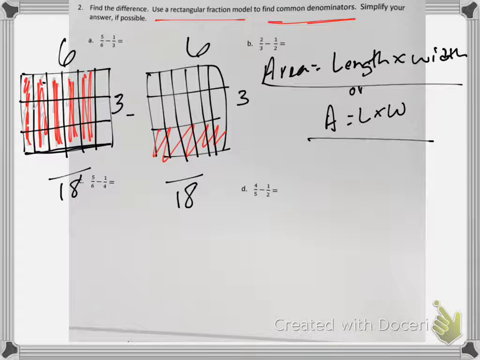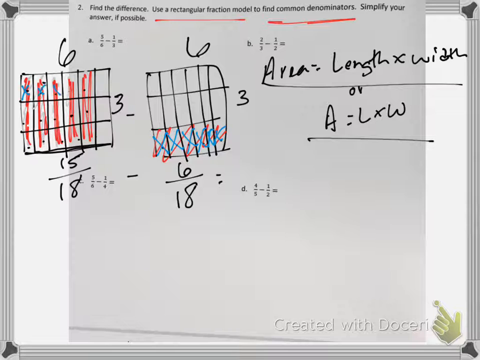All right. So now we need to figure out how much we have shaded. We have 1, 2, 3, 4, 5, 6, 7, 8, 9, 10, 11, 12, 13, 14, 15. I have 15. And I have 1, 2, 3, 4, 5, 6. Now again, of course, they can find it numerically. Easy for them to find it numerically, but we're going to cross out. So 1, 2, 3, 4, 5, 6.